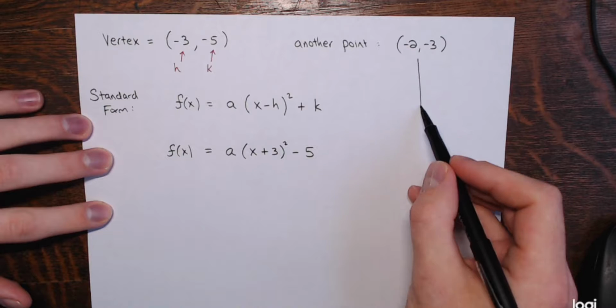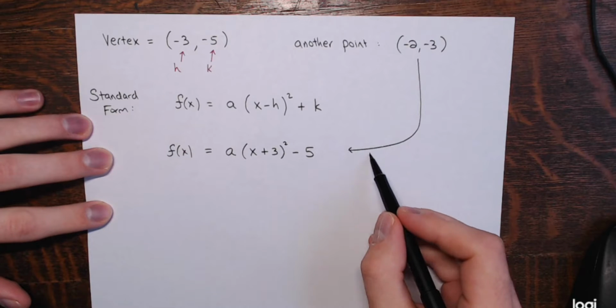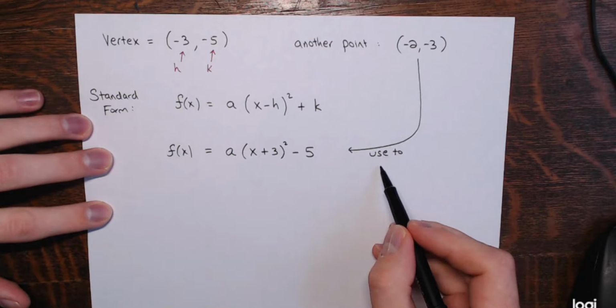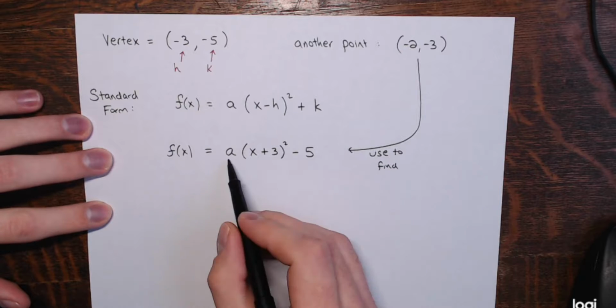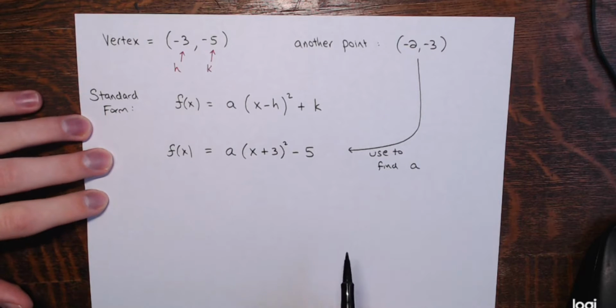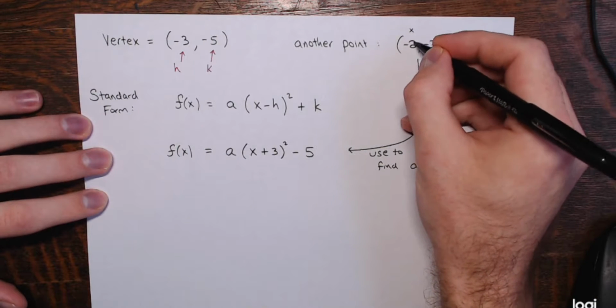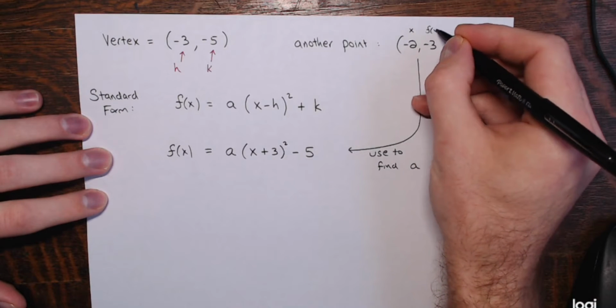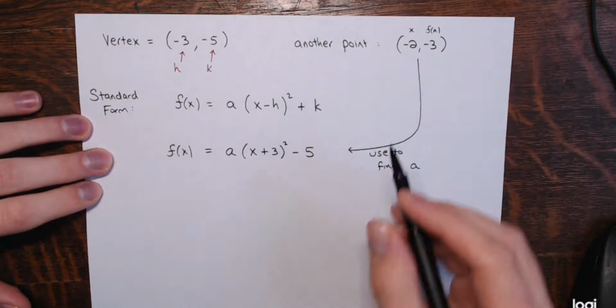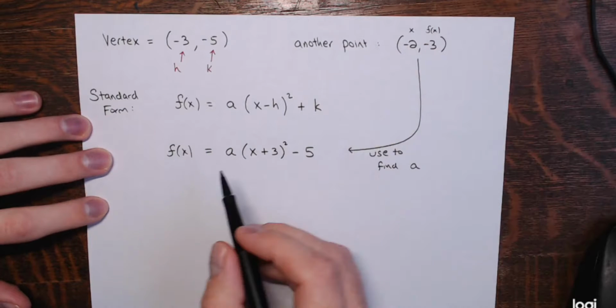And then you use the other point to help you find the lead coefficient, to find a. Because this is the x coordinate, -2, and then I replace f of x with -3. Right? I replace the input with -2, the output with -3. So we do that.